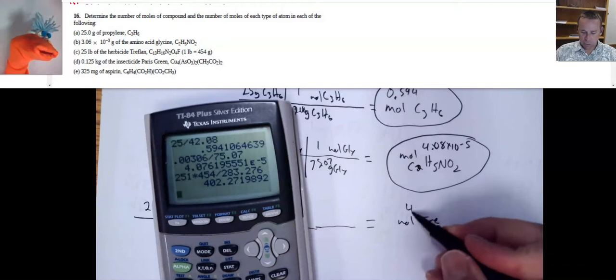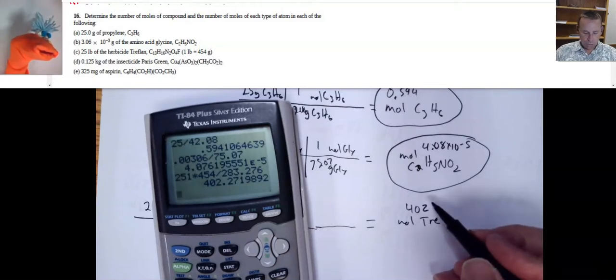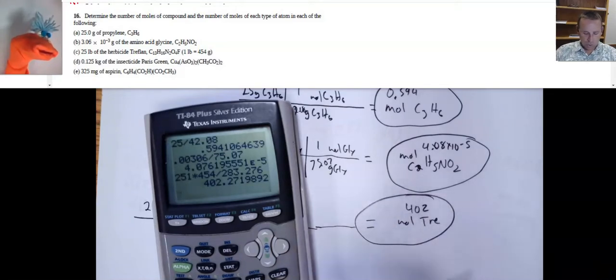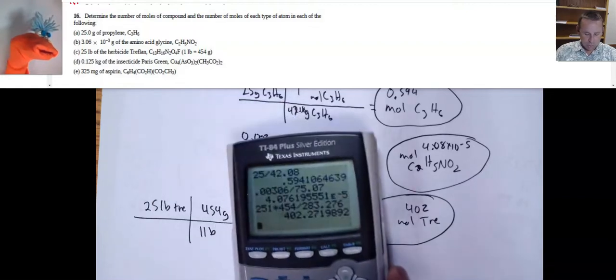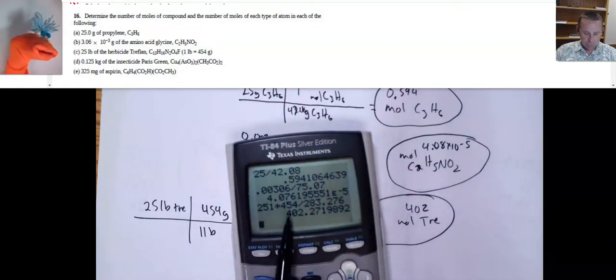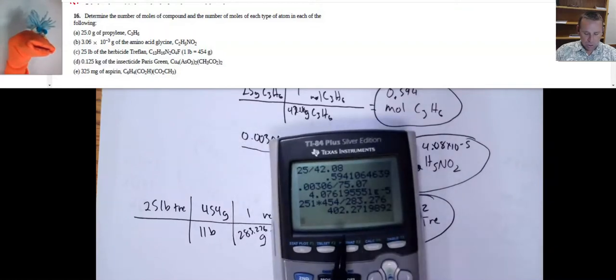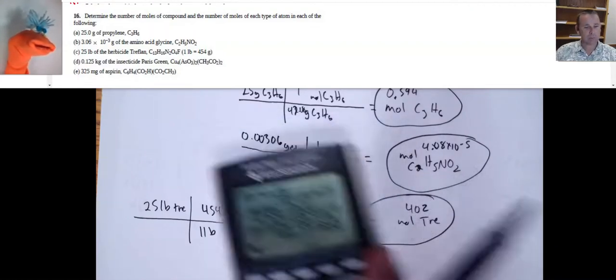So I got 402 moles of TRE. So 25 times 454, that's how many grams I had. And then divide by 283 again. So yeah, I got 400 and something. Good, that's right.